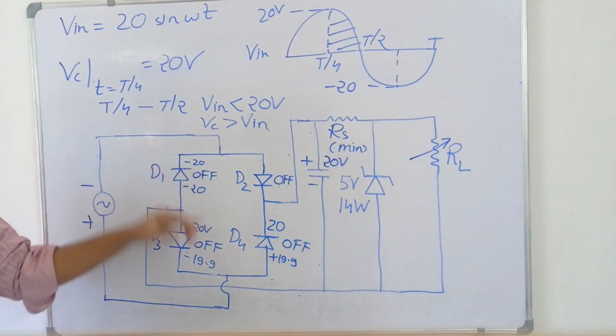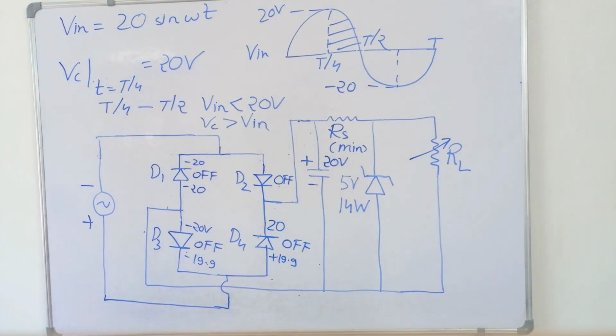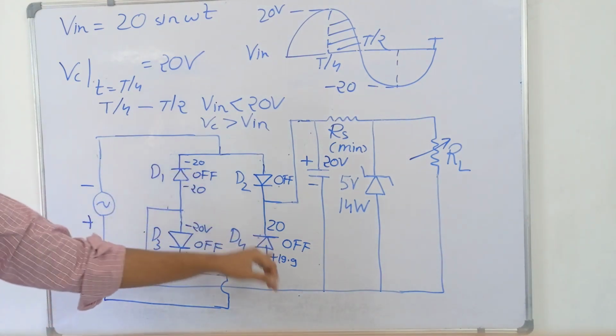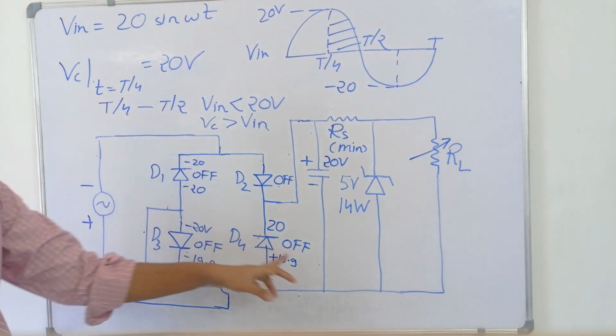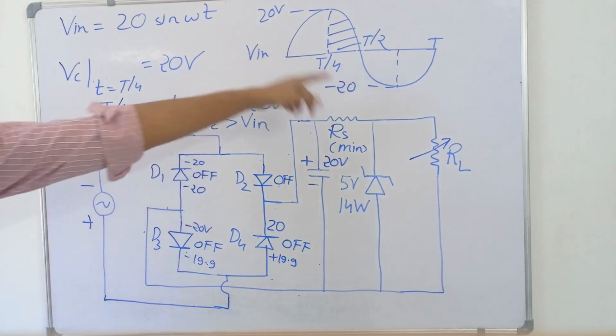So it means that the diodes D1 and D4 will never turn on in the whole cycle of the input signal.